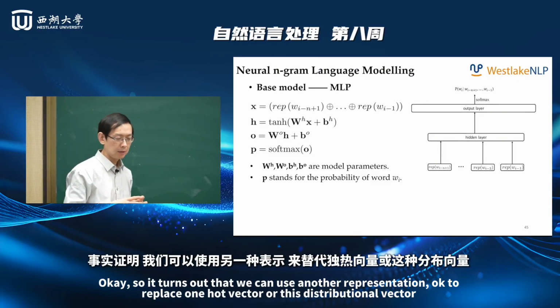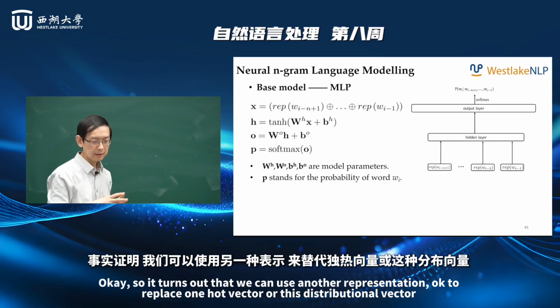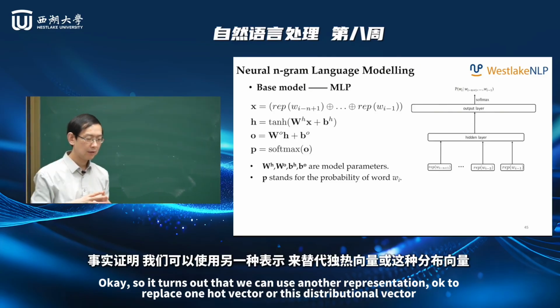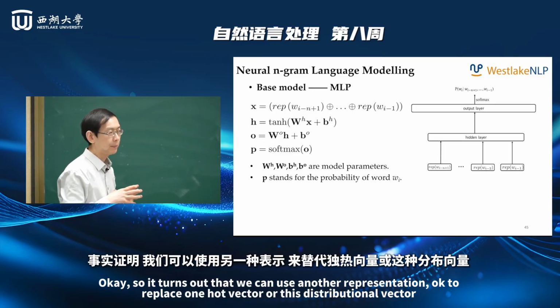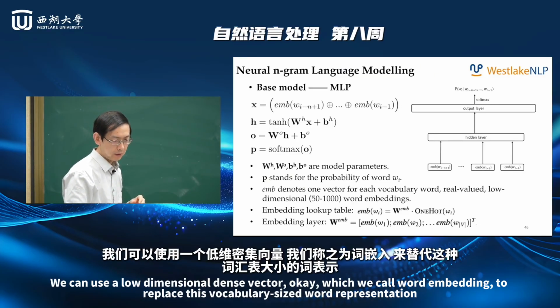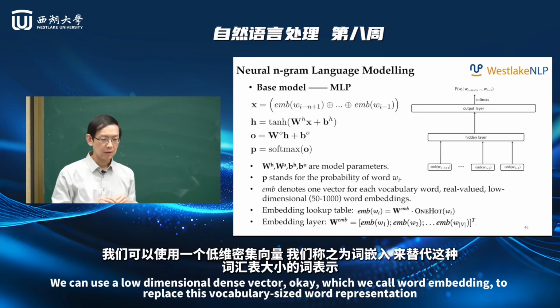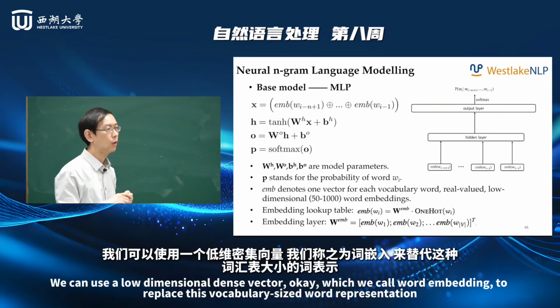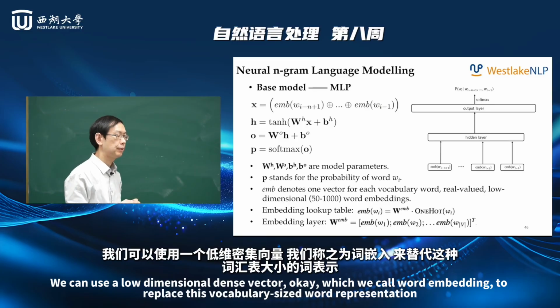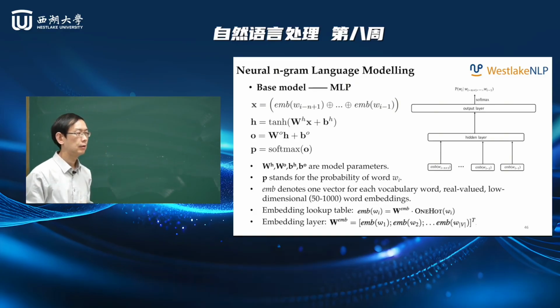Okay, so it turns out that we can use another representation to replace the one-hot vector or this distributional vector. We can use a low-dimensional dense vector, which we call word embedding, to replace this vocabulary size word representation.